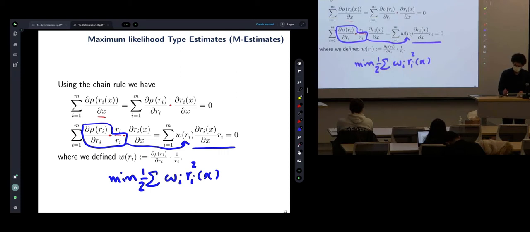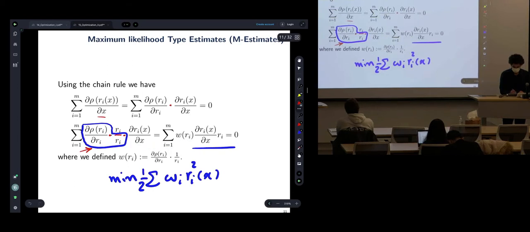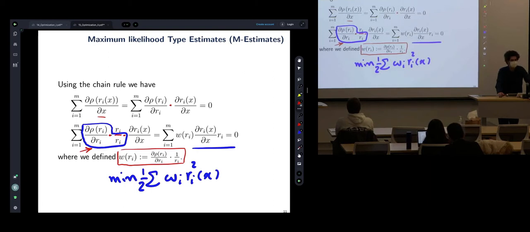In general, it's not difficult to see that, as we are doing it here, the weights have this definition. So the weights are the partial derivative of the rho function times 1 over the residual. So it's very easy to include this in a library.